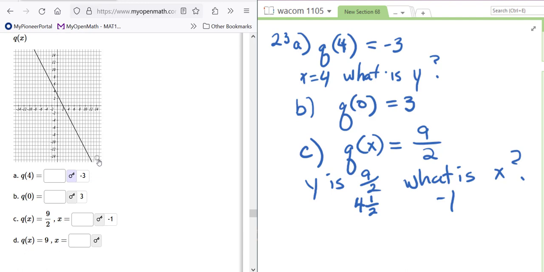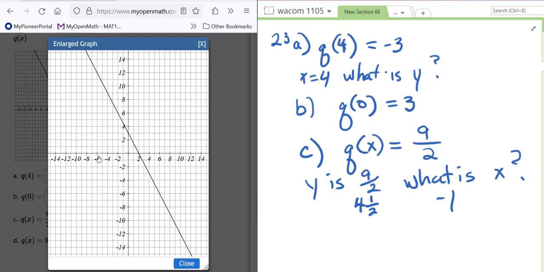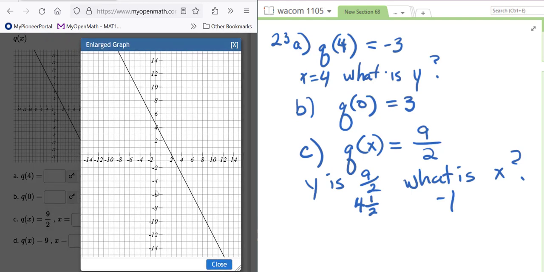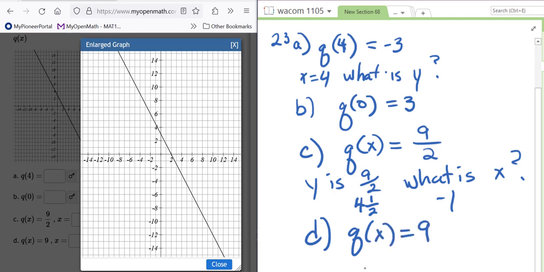All right, let's see that other one. This one they're also giving you y. So they said it's 9. All right, so when y is 9, you're looking up through here, what is x? Right, so you find the 9 on there, and then you go over to the graph. Whoops, I'm not at 9.